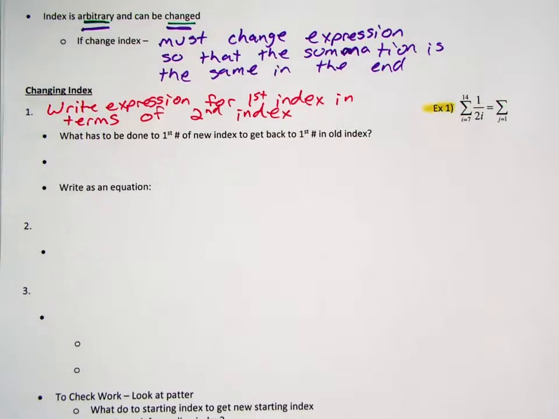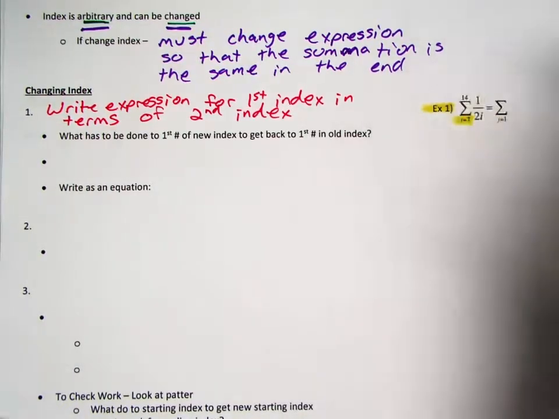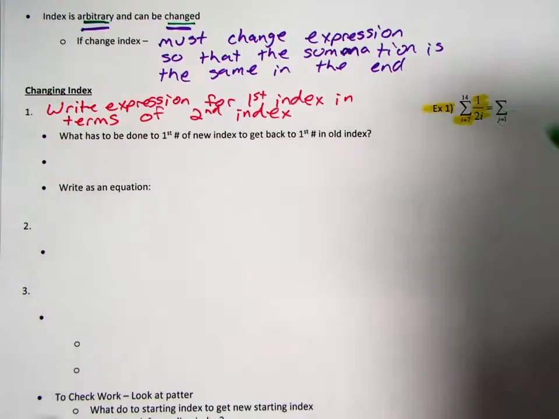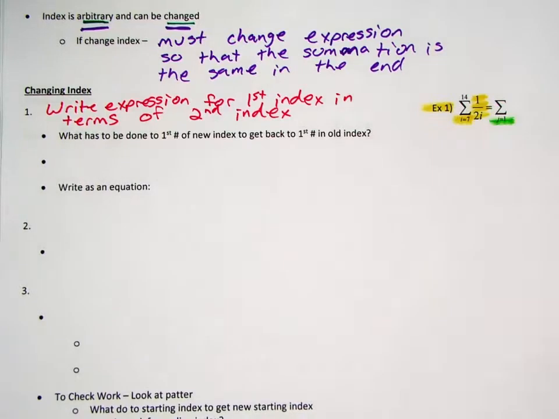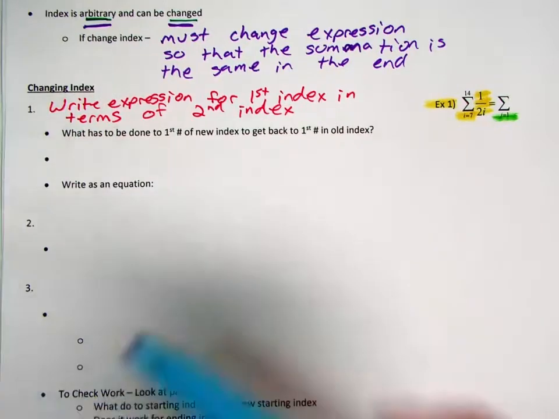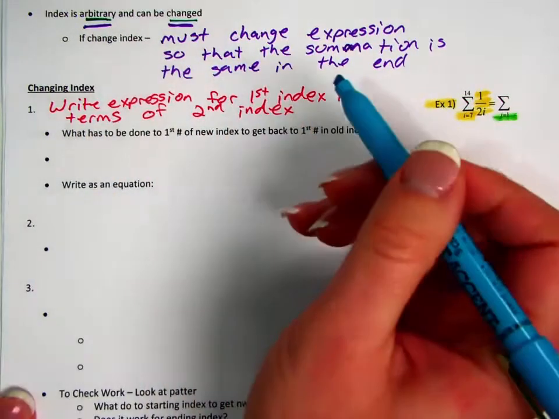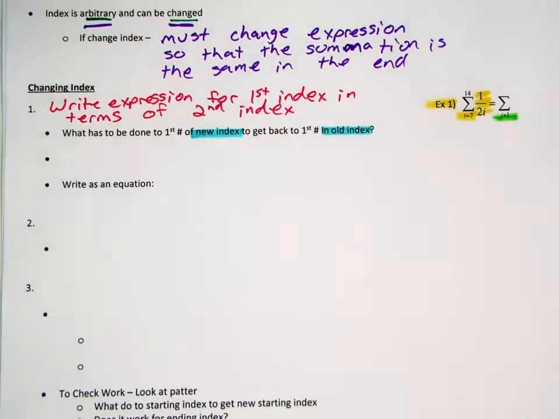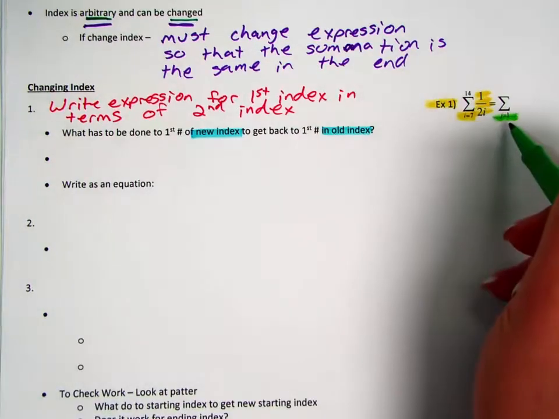Now, you might want to know what that means. Right now, in the original equation, we had i starting at 7, and if we're going to change that starting index to 1, then we're going to need to change this as well. The question that I always ask myself, and this is the most important part, is what has to be done to the new index to get back to the old index? Right now, my new index is 1.